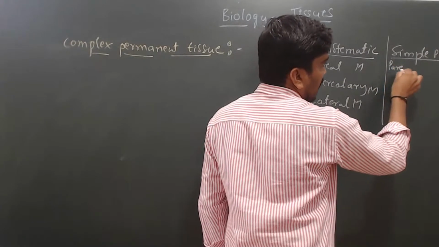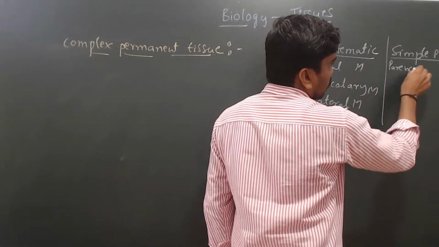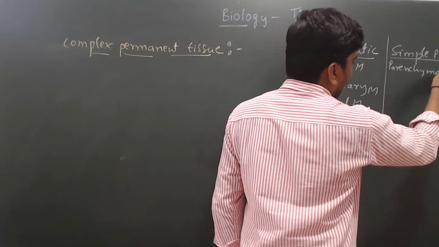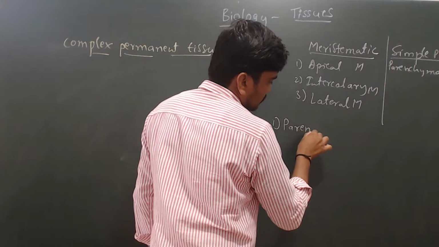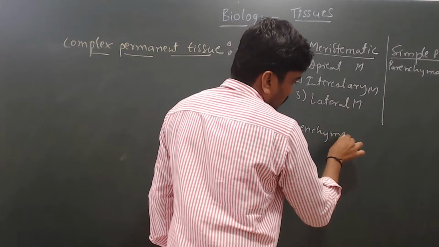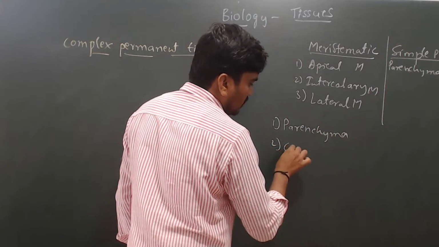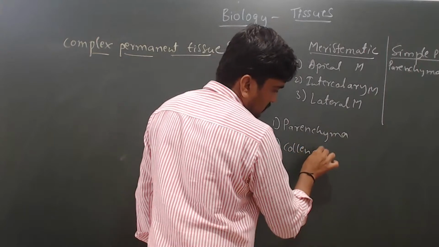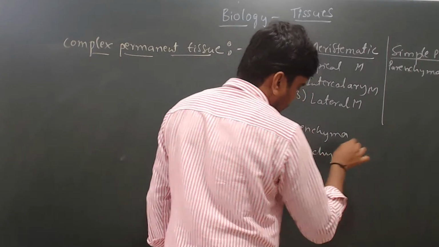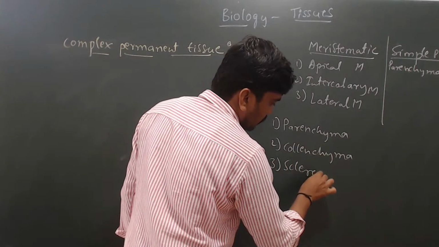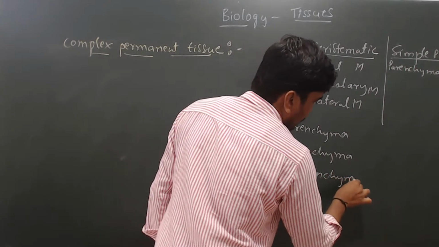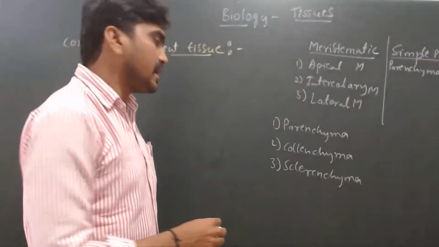One is parenchyma, second is collenchyma, and third is sclerenchyma.